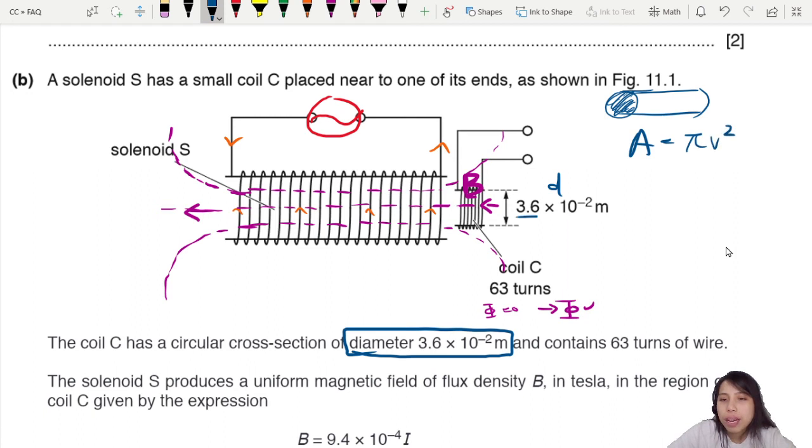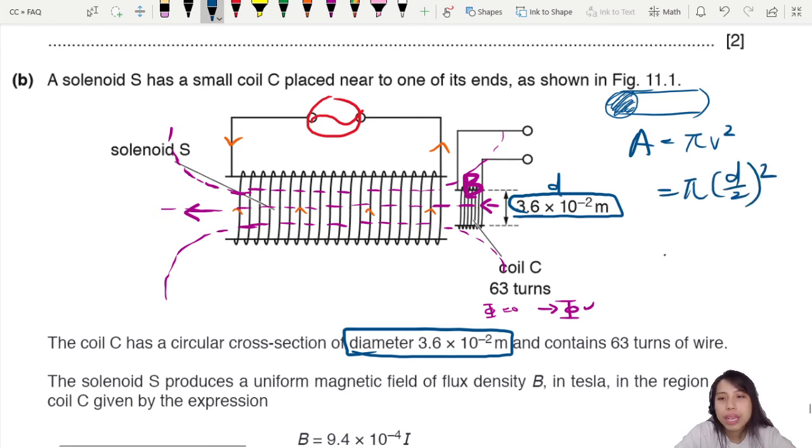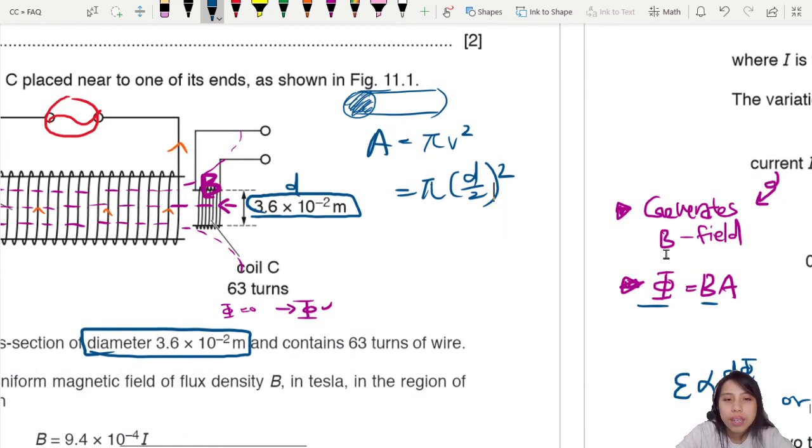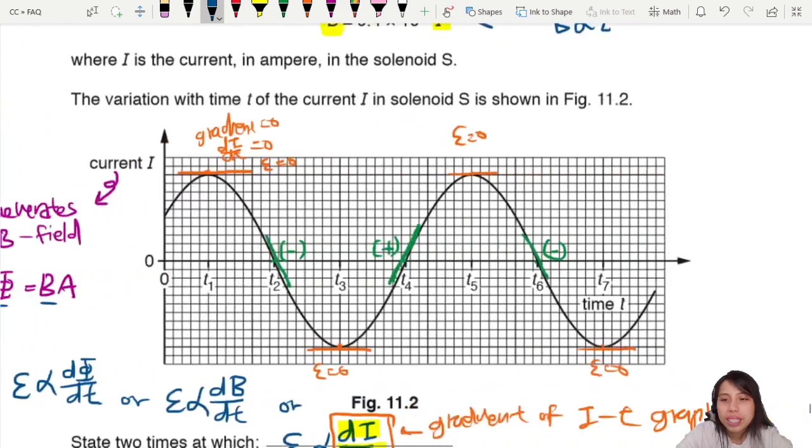So I must remember to plug in the diameter divided by half: pi d over 2 squared. Half of this is 1.8 times 10 negative 2. That's our radius, so plug in 1.8 times 10 negative 2 inside our answer.